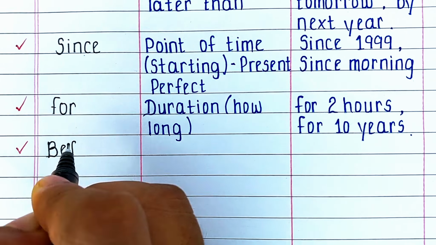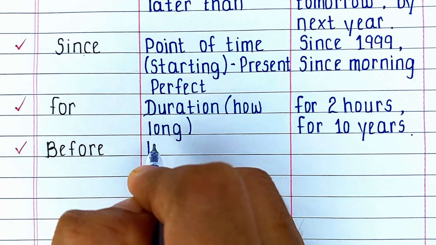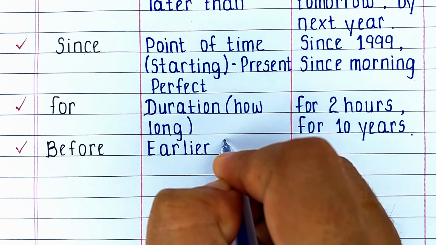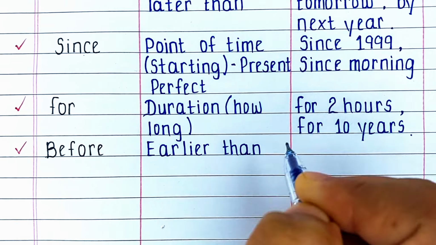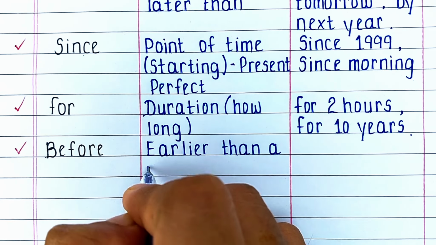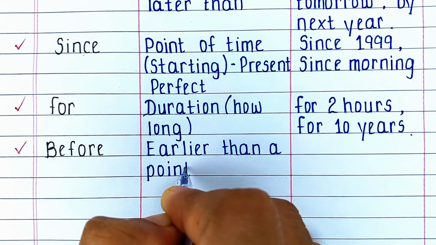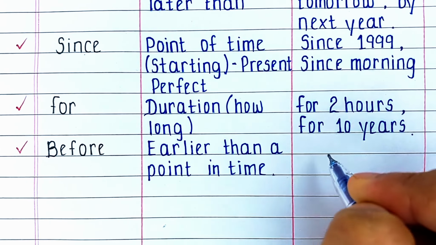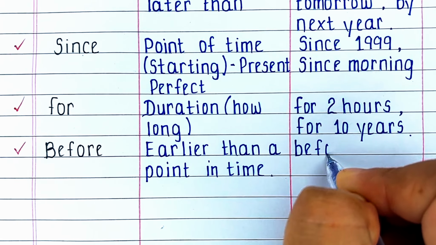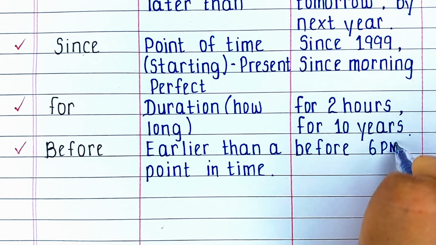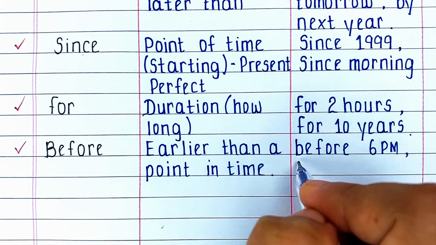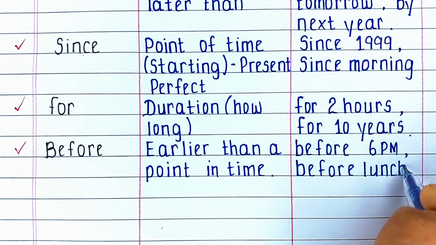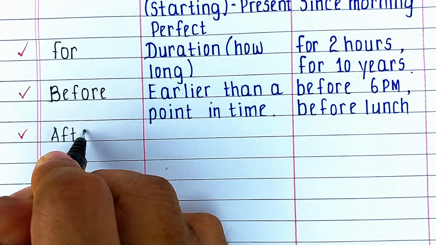Next is before. Before is used for earlier. Earlier than a point in time. For example, before 6 p.m., before lunch, etc. Next is after.